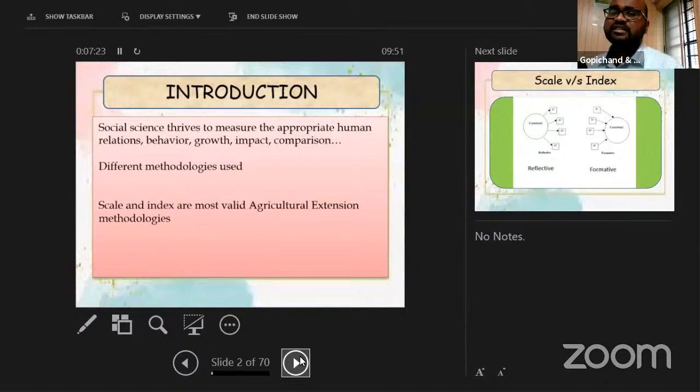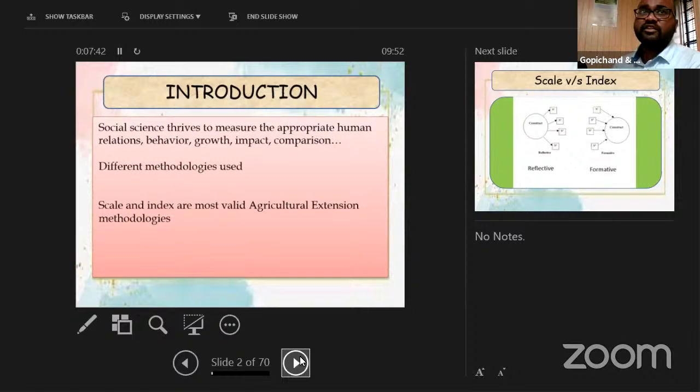Coming to the introduction, in social science, we generally try to measure human relations and behavior, social or economic growth and impact, and compare studies between them.